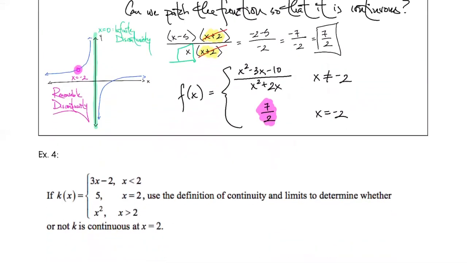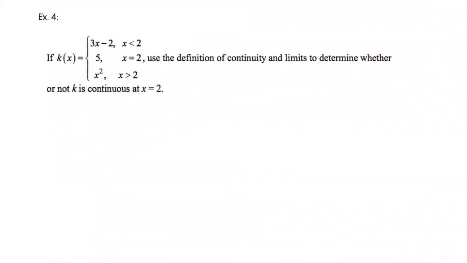All right, one more example before we summarize continuity. For example 4, we have another piecewise function. I'm going to do this in 3 different colors because we have 3 different pieces here. I want us to understand how to read this, draw this, and answer the question.